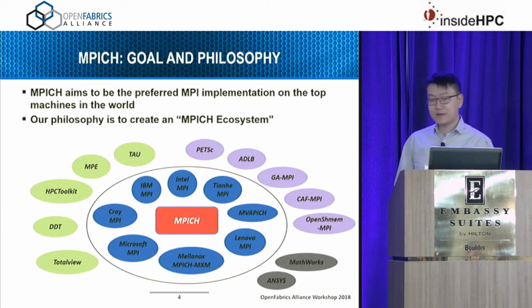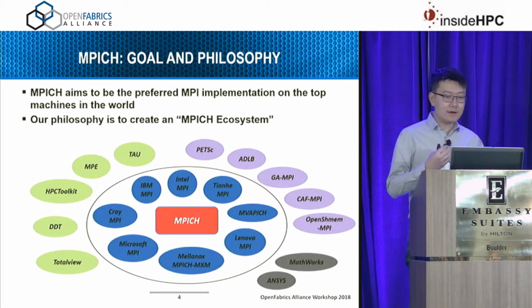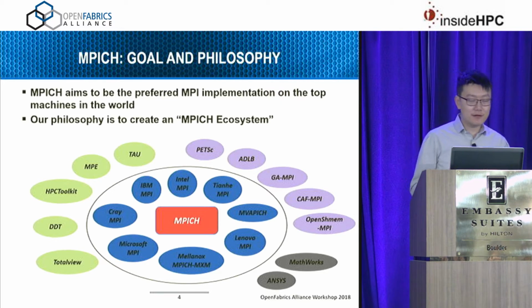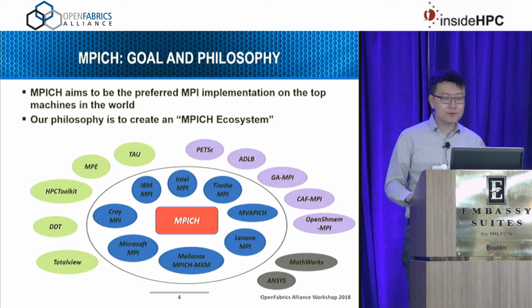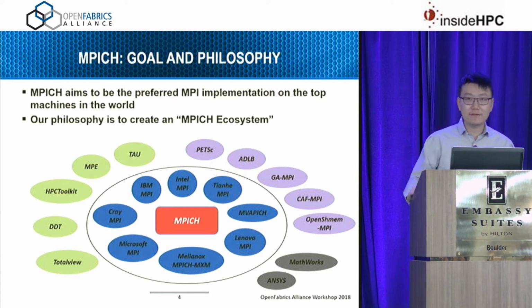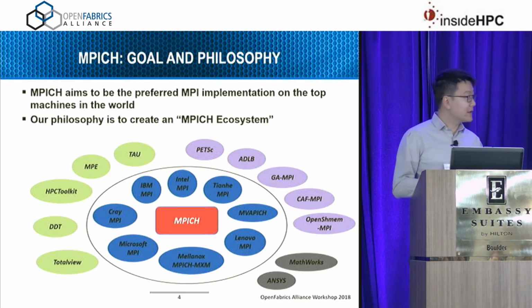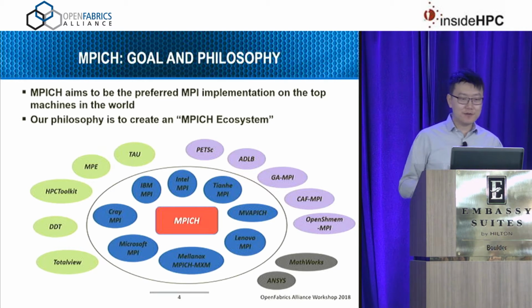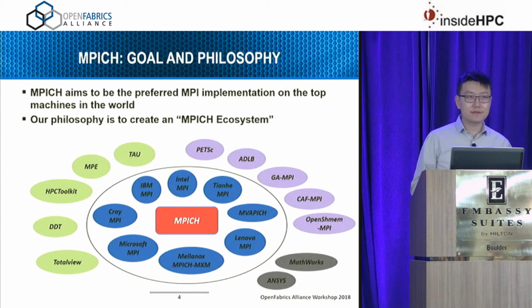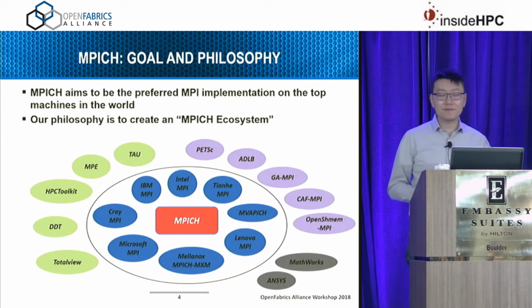Our vendor collaborators like Intel, IBM, and Cray take our code base, apply their specific optimizations for their network hardware or their software tool set, and release them as their own products. Combining all these implementations, MPICH and MPICH-derived MPI implementations run on 9 of the top 10 supercomputers on the Top500 list.